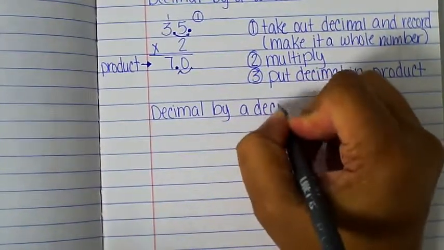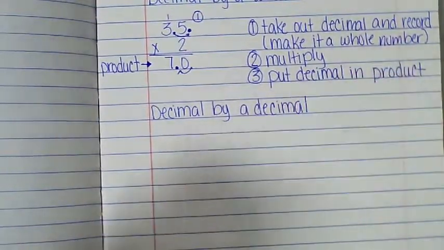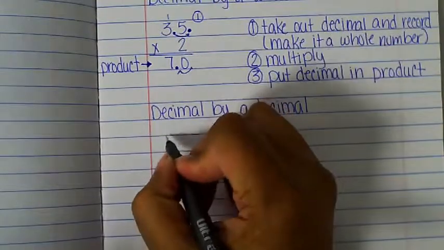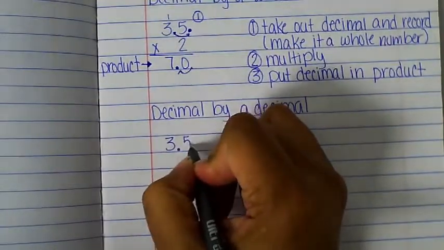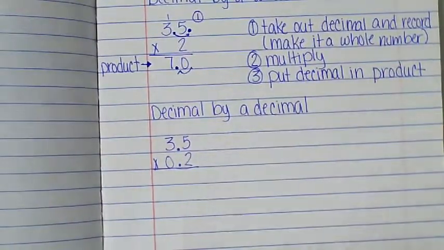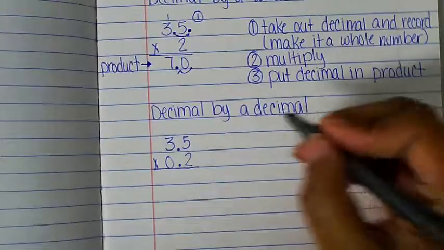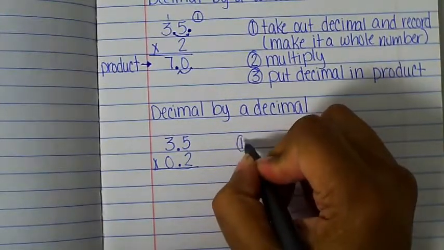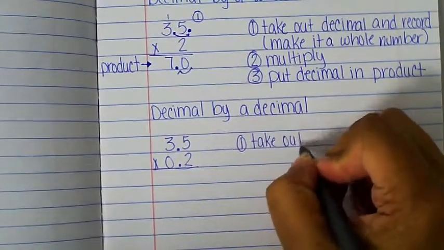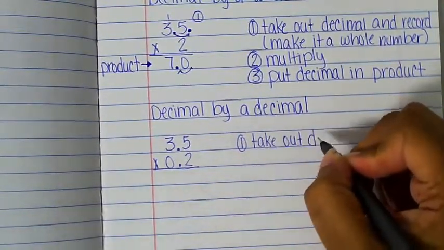Now the rules are pretty much the same, with just a small change. We're going to use our same numbers, 3 and 5/10 times 2/10. Step 1 is to take out decimals, plural.